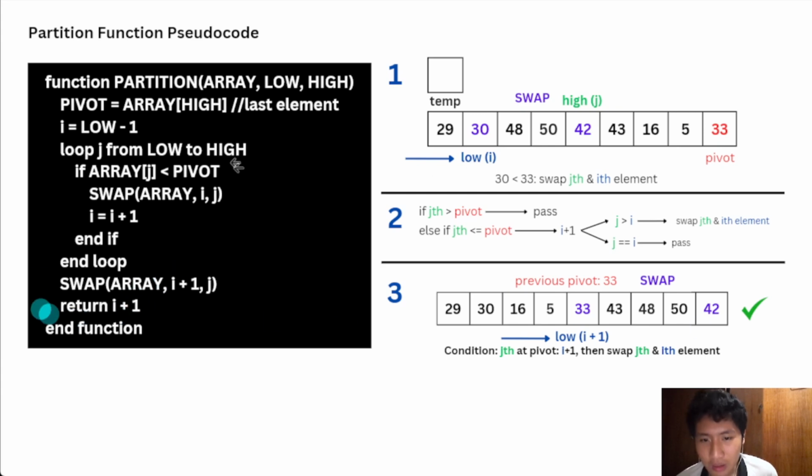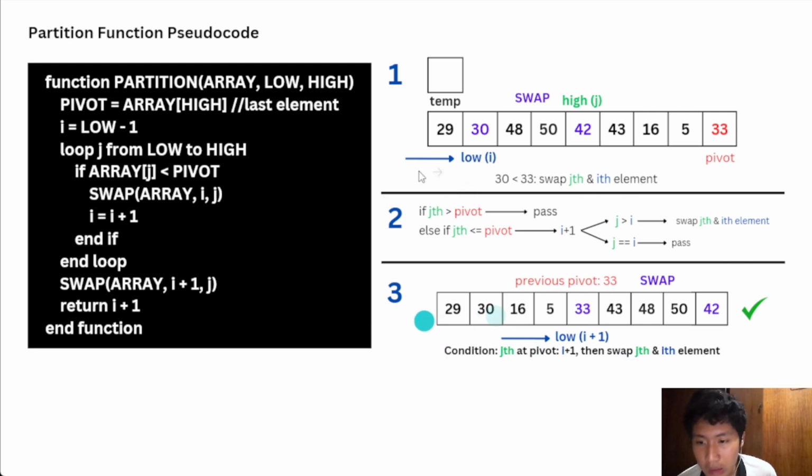And finally, outside of the loop here, swap and return I plus 1, which will then be used for partitioning in the quicksort function for recursion to be discussed later.